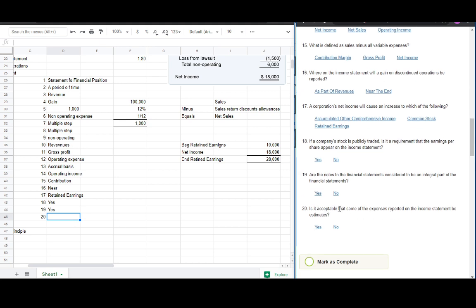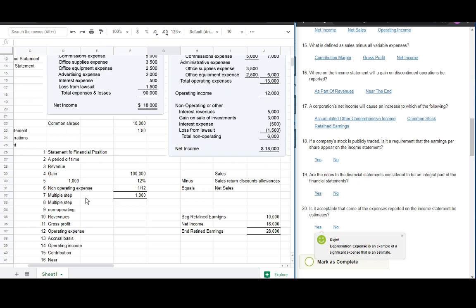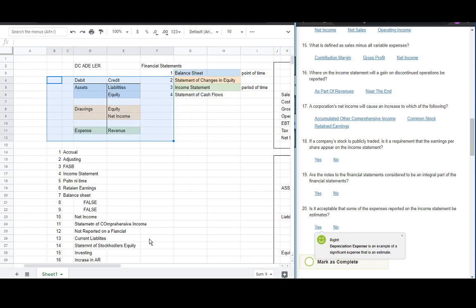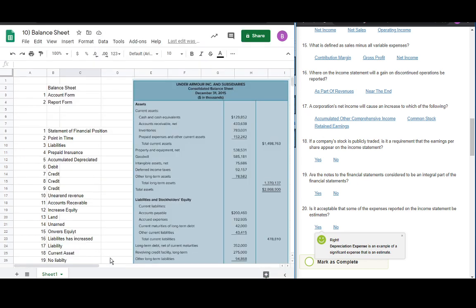And number 20, is it acceptable that some of the expenses reported in the income statement be estimates? Yes. Remember that in accounting, all of these amounts are estimates, and this is not 100% accurate. It would be so expensive and so time consuming to have accurate amounts. And what are examples of estimated expenses?